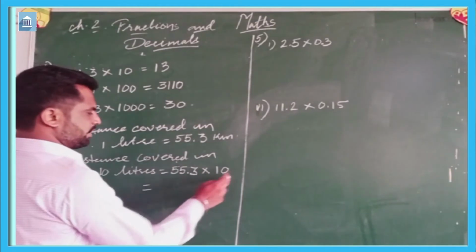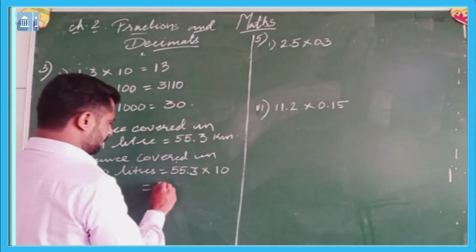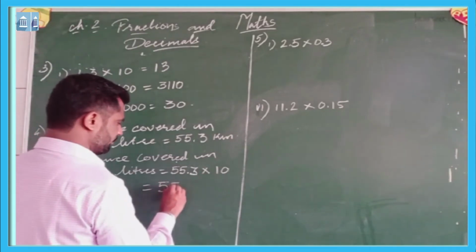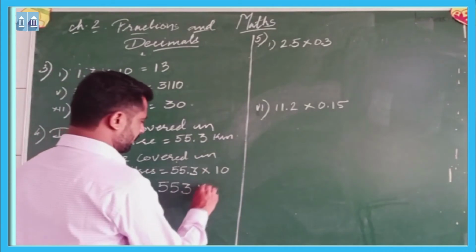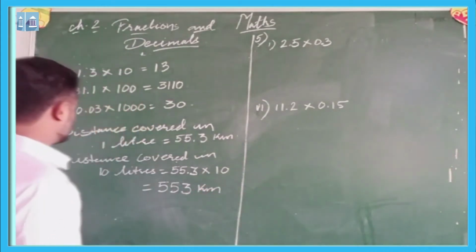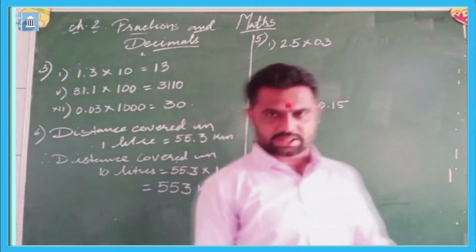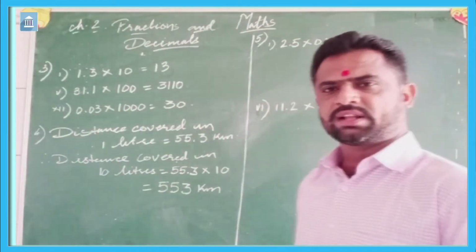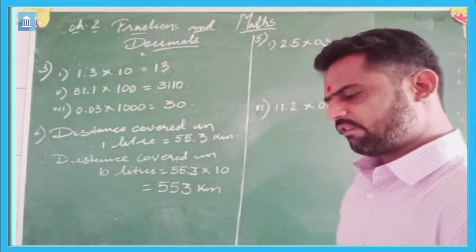Here we know that 1 0 is there. This decimal point will move towards the right hand side. So it will be 553 kilometer. So the distance covered in 10 liters of petrol is 553 kilometer.